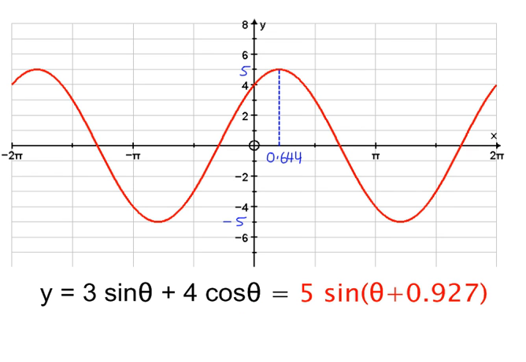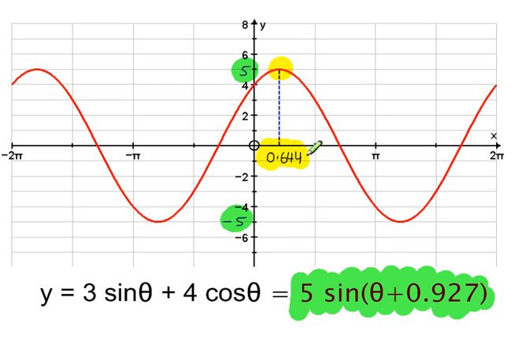This is a graphical interpretation of the problem. So you're looking at the curve here that has this equation. It's just in terms of sine. There's a maximum of 5, a minimum of -5, and the maximum there occurs at this angle when theta is 0.644.